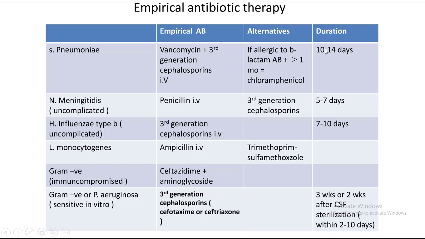This should be continued for 10 to 14 days. For Neisseria meningitidis, penicillin or a third generation cephalosporin is preferable and needs a shorter duration of treatment. For gram-negative bacilli, we need to start with ceftazidime and an aminoglycoside, and it needs a longer duration, about 3 weeks.